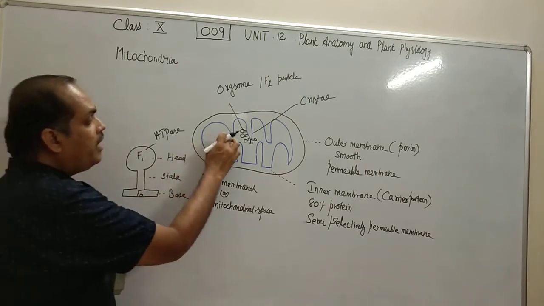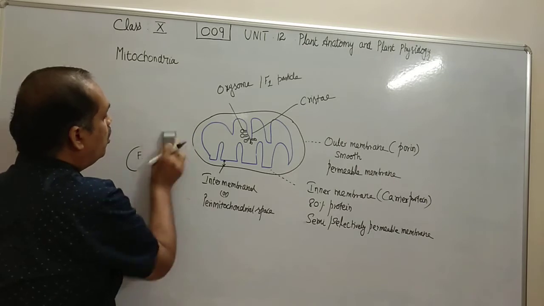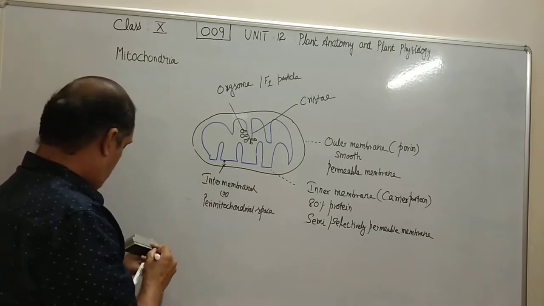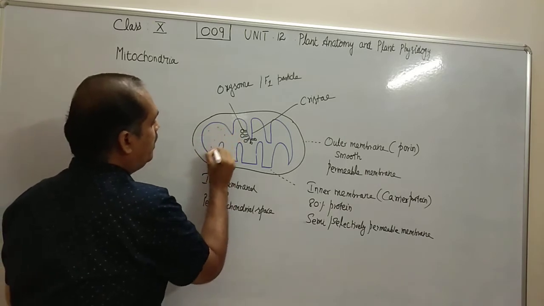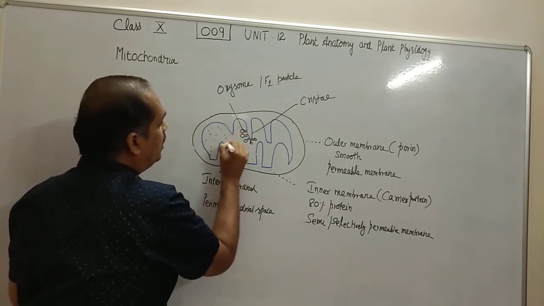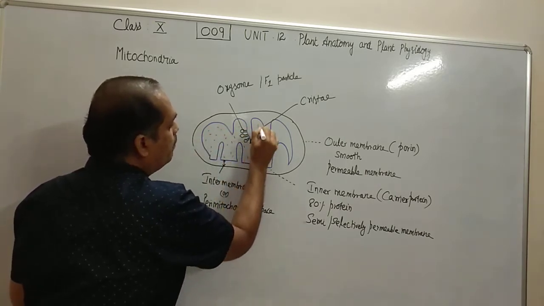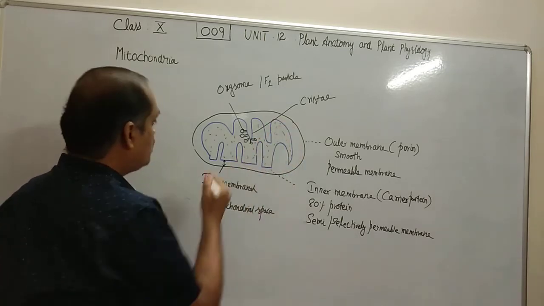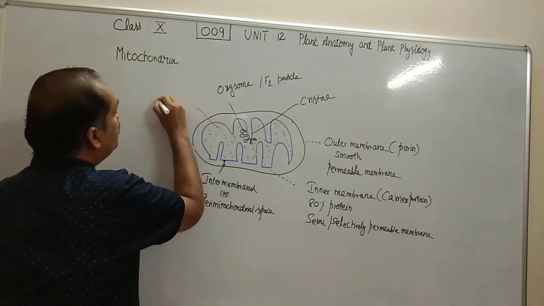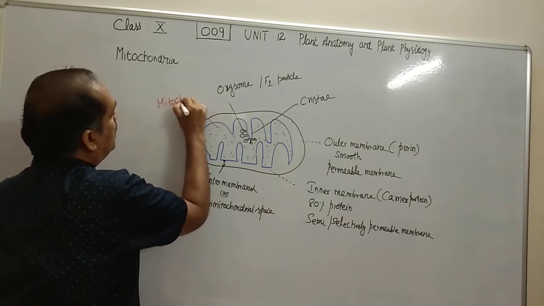Now inside this membrane we have the matrix. So this inner space consists of a gelatinous matrix made up of lipids and protein. So this structure is the mitochondrial matrix.